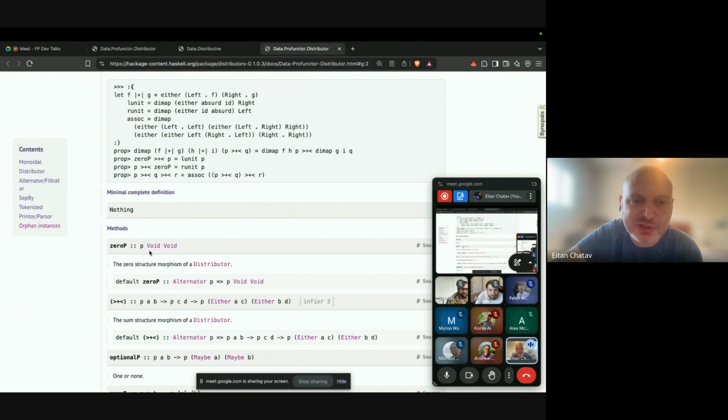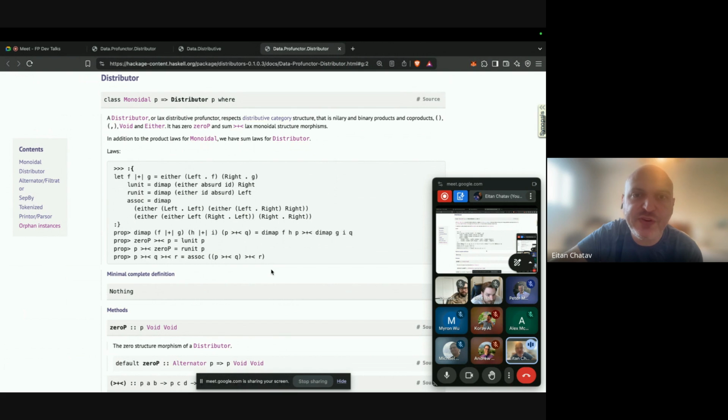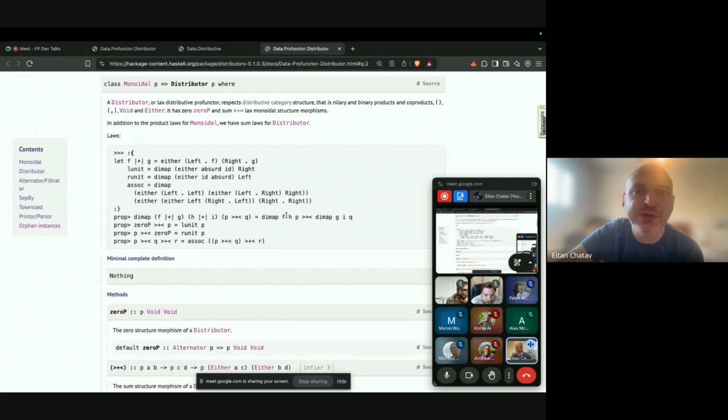Now zeroP is p of void void, and our plus operator is from P A B, P C D to P (Either A C) (Either B D). Okay. And we have these laws that are the exact same laws that existed for monoidal profunctors. So this is also a monoidal profunctor. And unlike the monoidal type, which was a monoidal profunctor on products, this is a monoidal profunctor from products to sums. Okay.